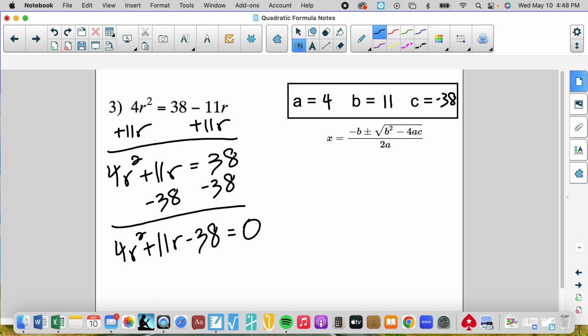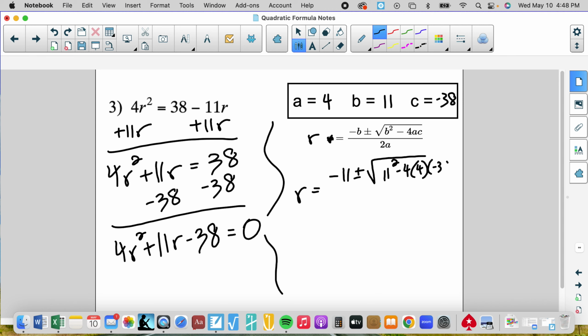Oh my goodness, that's got to be a huge value. And we're not solving for x, we're solving for r. So we get r equals the opposite of b plus or minus the square root of b squared minus 4 times a times c. Oh my goodness. I'm going to need my calculator. And 2 times a. A is 4.